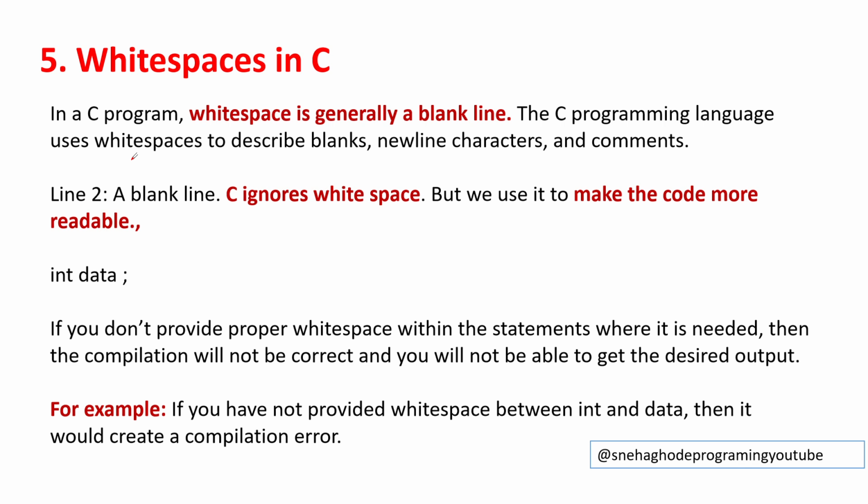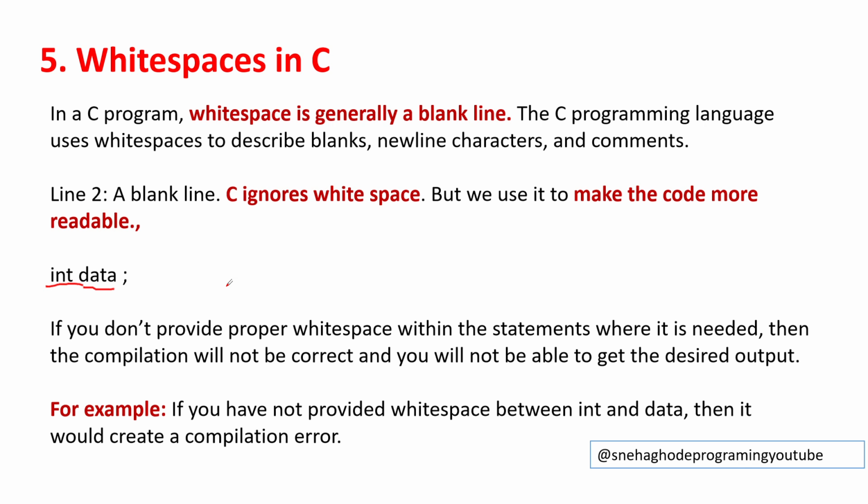For example, here int, then some space is there, right? Then data. So the space in between int and data is nothing but white space to make our program code more readable. If we write intdata, the compiler is not able to find out whether it is a complete word or which is the data type and which is the variable name. If you don't provide proper white space within a statement where it is needed, then the compilation will not be correct and you will not get the desired output.